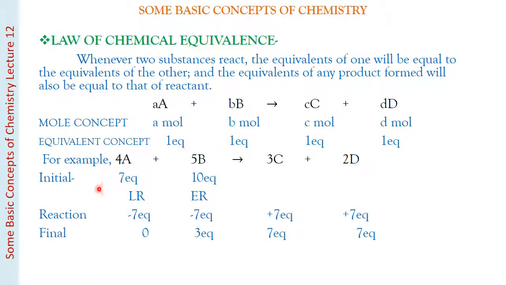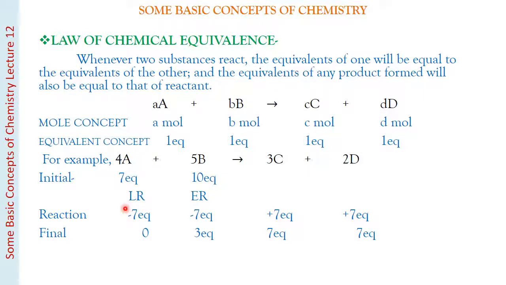So we have an example, 4A plus 5B forming 3C plus 2D. And the initial amount that is given to us is 7 equivalents of A and 10 equivalents of B. Now you do not have to do lengthy calculations to find which is the limiting reagent and the excess reagent.